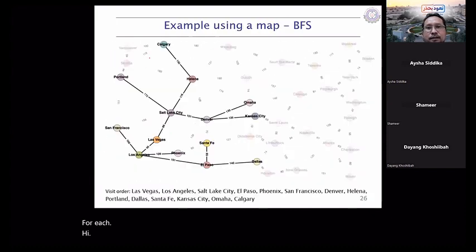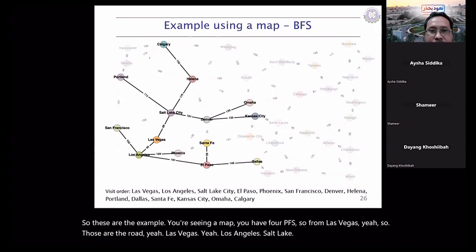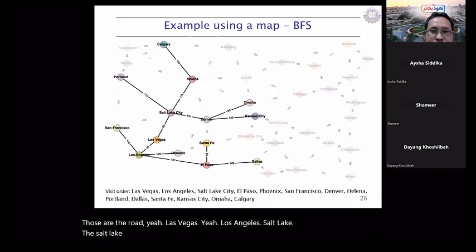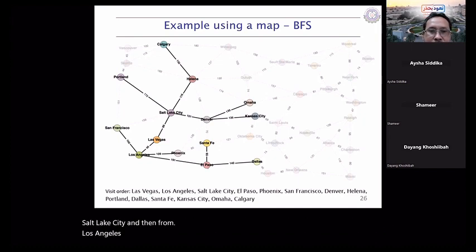So this is the example using a map for BFS. From Las Vegas there are two branches, Los Angeles and Salt Lake City. From Los Angeles there are El Paso, Phoenix and San Francisco.